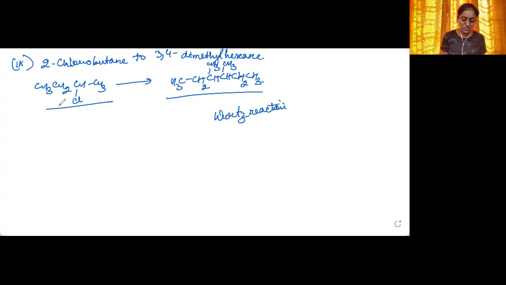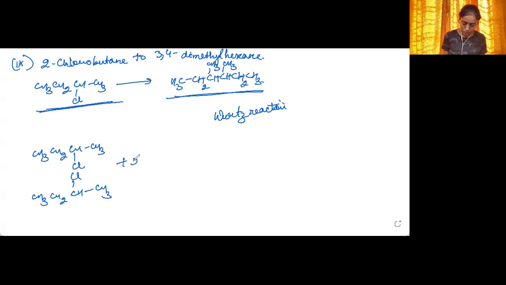We will treat this 2-chlorobutane with sodium metal and it will lead to the formation of this molecule. I will take another molecule of the same compound and treat it with 2 sodium atoms. Now these 2 chlorine atoms will leave the molecule along with sodium and these 2 carbons will be joined together.